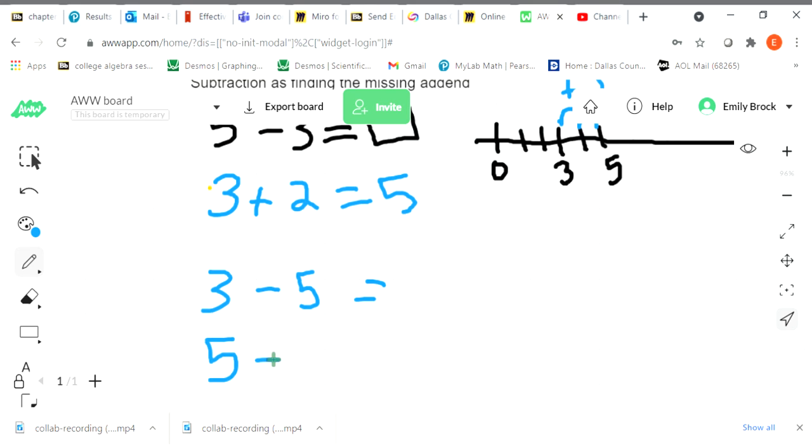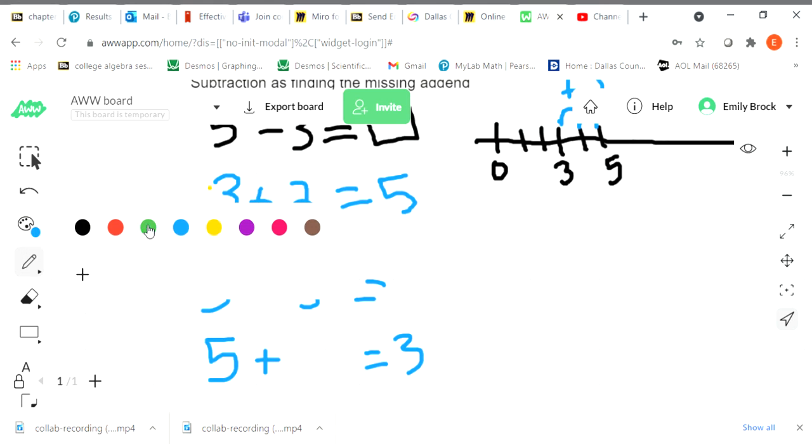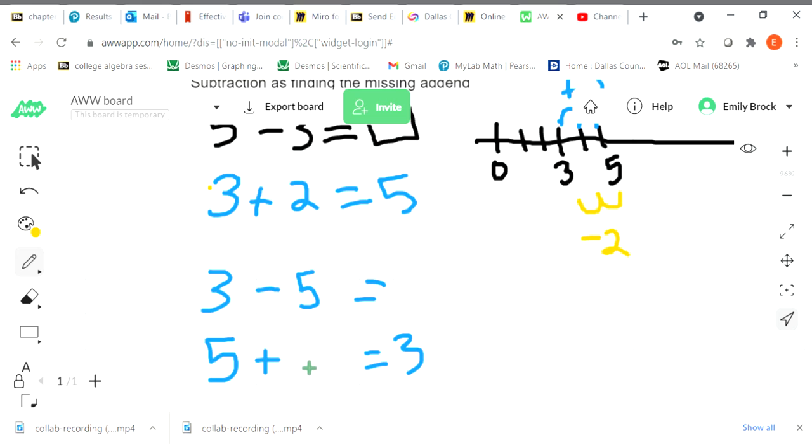What would I add to 5 to get to 3? 3 is the total. 5 is considered one of the parts in this case. Well, if I start at 5 and I want to get to 3, I have to go backwards 1, 2. So that is a minus 2, a negative 2. So 5 plus negative 2 makes 3.